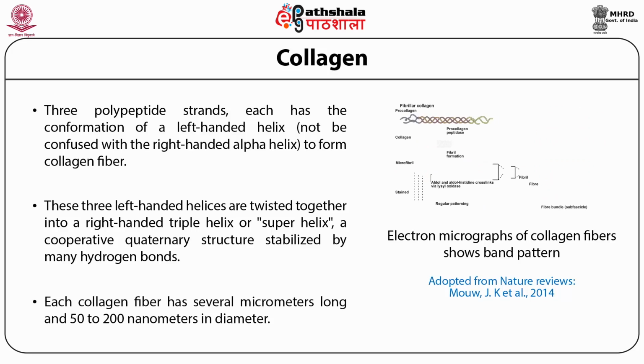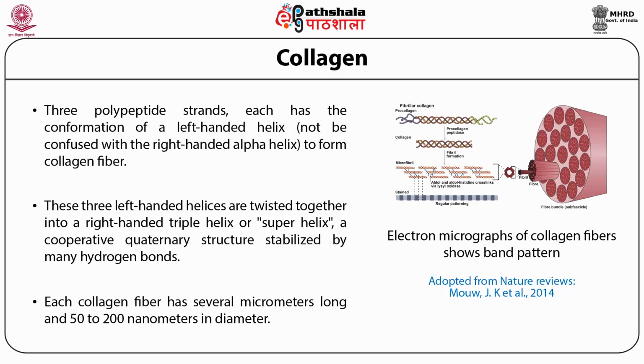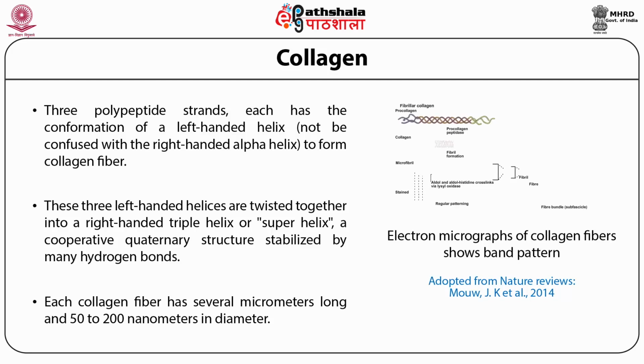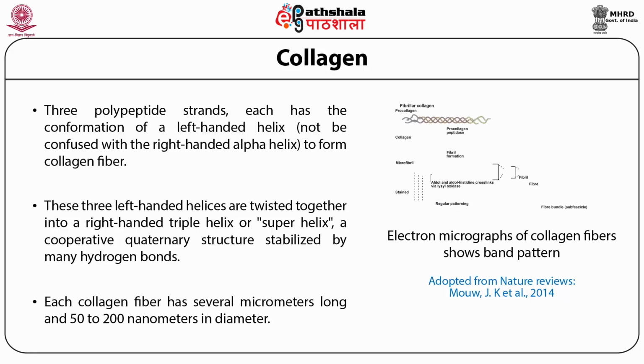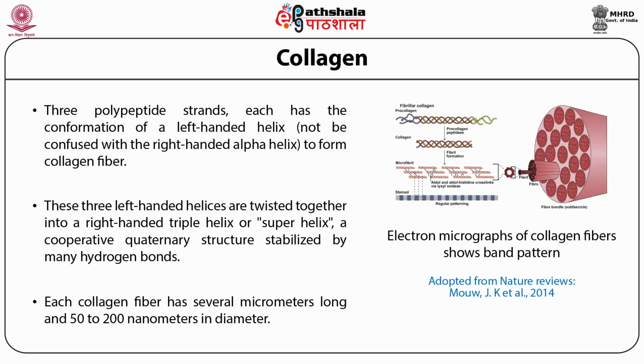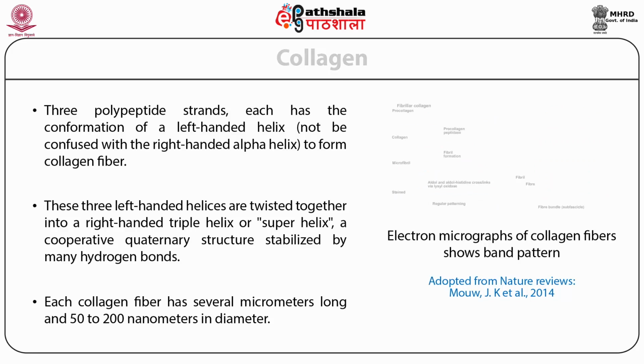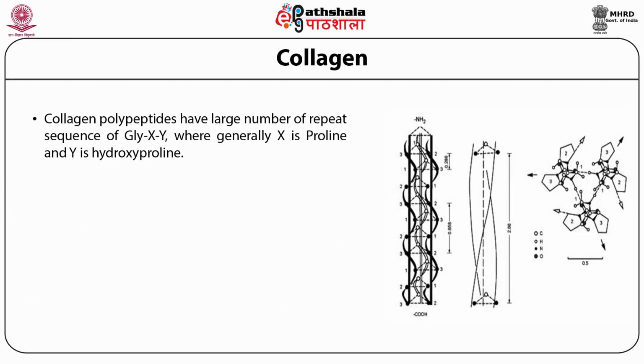Each collagen fiber is several micrometers long and 50 to 200 nanometers in diameter. These filaments assemble together to form bundles. You can see on the right side of the image the collagen bundles, extrapolated from electron micrograph pictures of collagen fibers. Collagen polypeptides have a large number of repeat sequences.